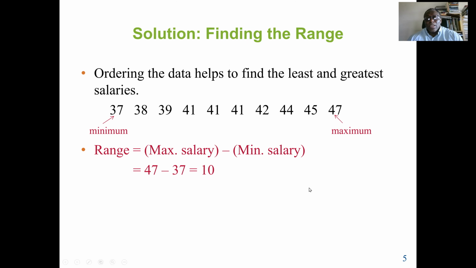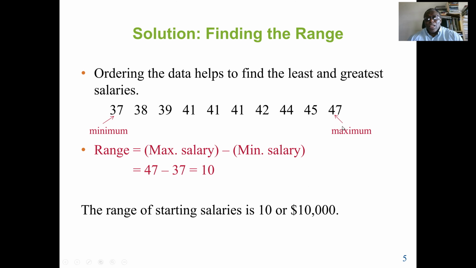Here we can see that the maximum salary is 47,000 and the minimum is 37,000. So 47 minus 37 gives me 10, and since the values are in thousands, that means 10,000. So finding the range again is the difference of the minimum and the maximum value in the data set.